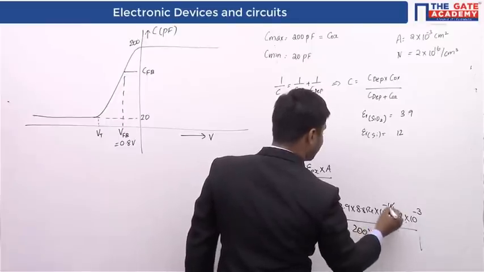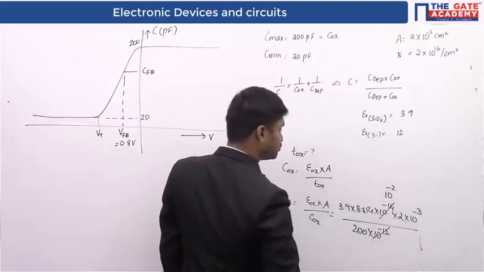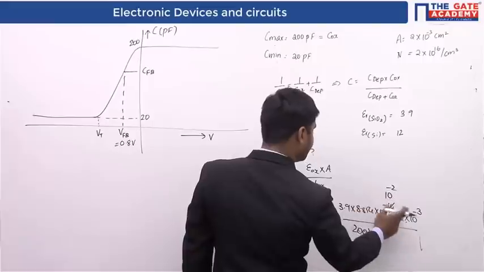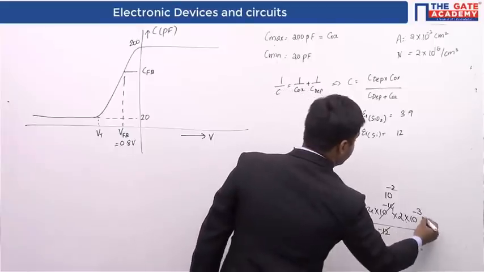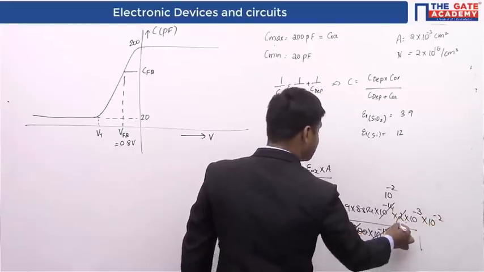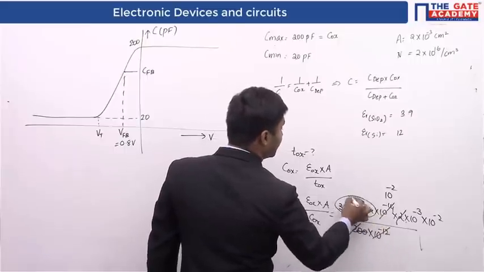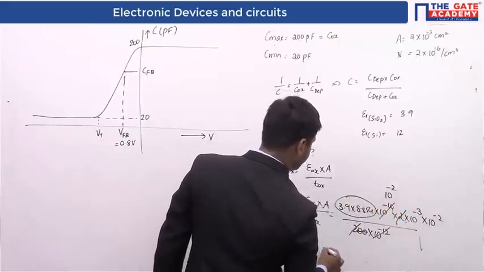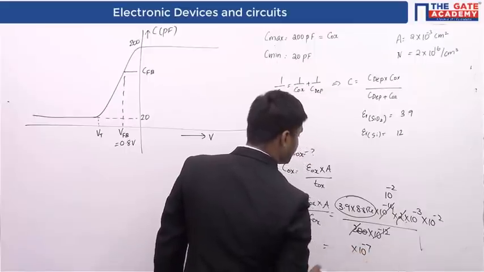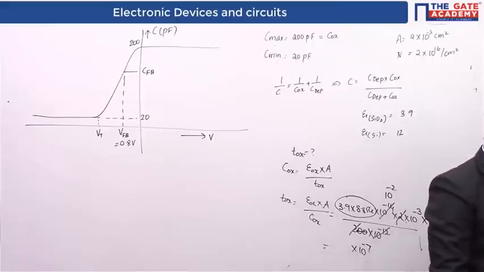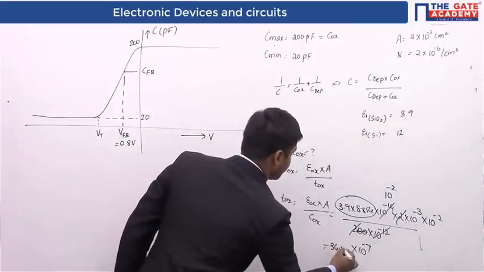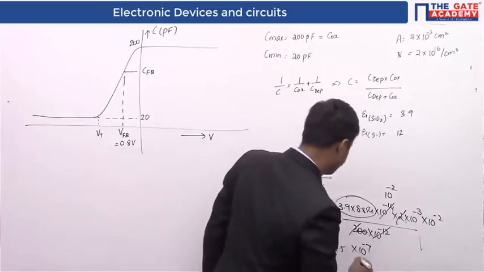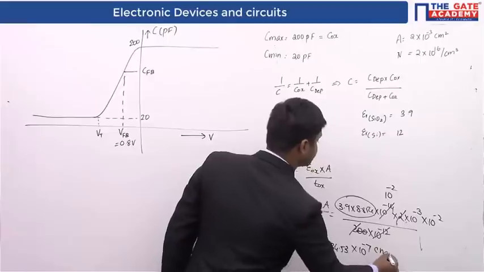So 10 power minus 12 gets cancelled out here, and you have 10 power minus 2. The 2 gets cancelled out. So it is going to be 3.9 into 8.854 into 10 power minus 7. 3.9 into 8.854 is going to be 34.53 into 10 power minus 7 in terms of centimeters.